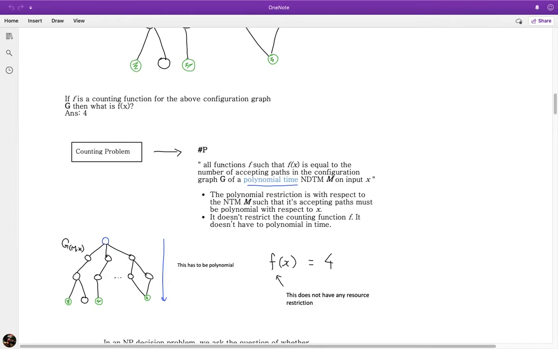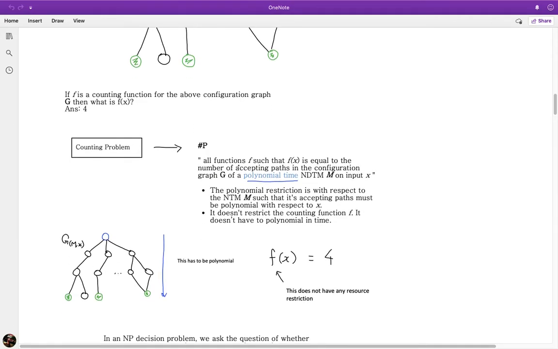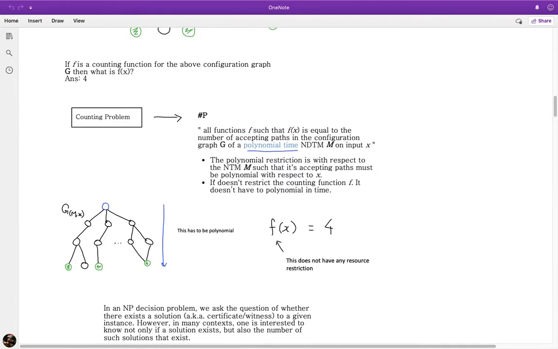So let us again go through it. It's all functions f such that f of x, meaning on an input x, the counting function gives us the number of accepting paths in the configuration graph G of a given polynomial time non-deterministic Turing machine M on input x. So we have to be clear here that the polynomial restriction is with respect to the non-deterministic Turing machine M, such that its accepting paths must be polynomial with respect to x, and it doesn't restrict the counting function f.